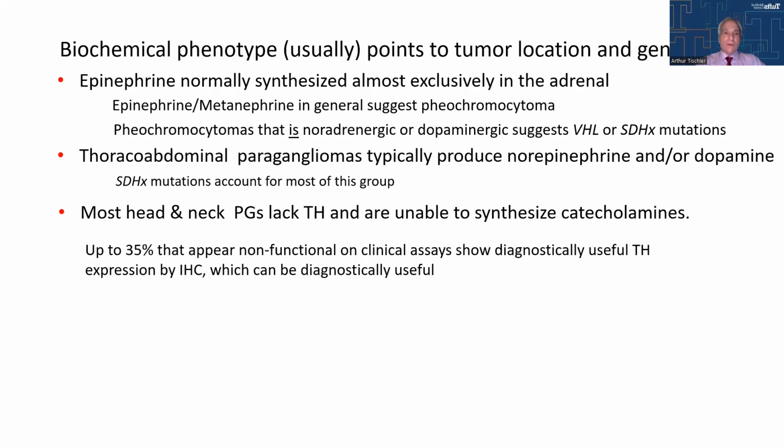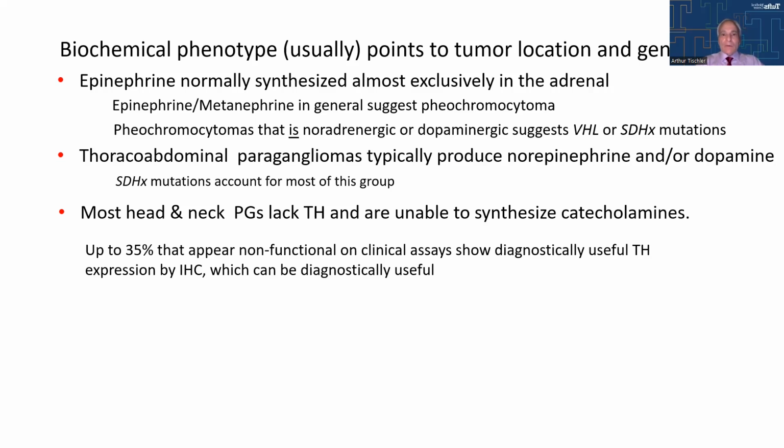Epinephrine or adrenaline is normally synthesized almost exclusively in the adrenal. So the presence of epinephrine or metanephrine in general suggests pheochromocytoma. However, a pheochromocytoma that is not adrenergic and that is noradrenergic or dopaminergic suggests the presence of a VHL or SDHX mutation.